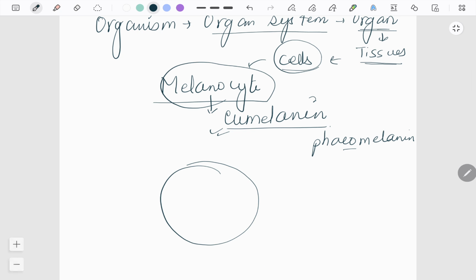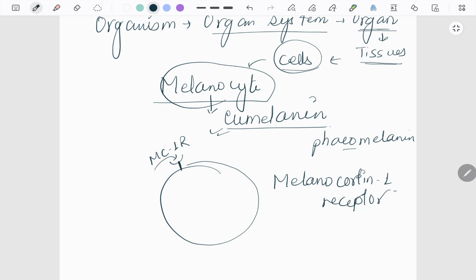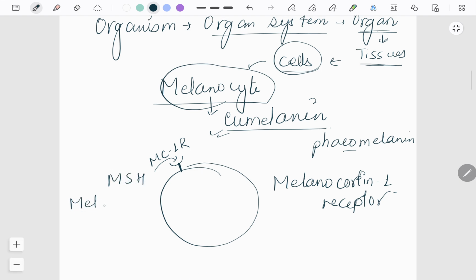Suppose this is a melanocyte and it has a chair, a receptor, MC1R, melanocortin 1 receptor. This receptor is for a hormone called melanocyte stimulating hormone.